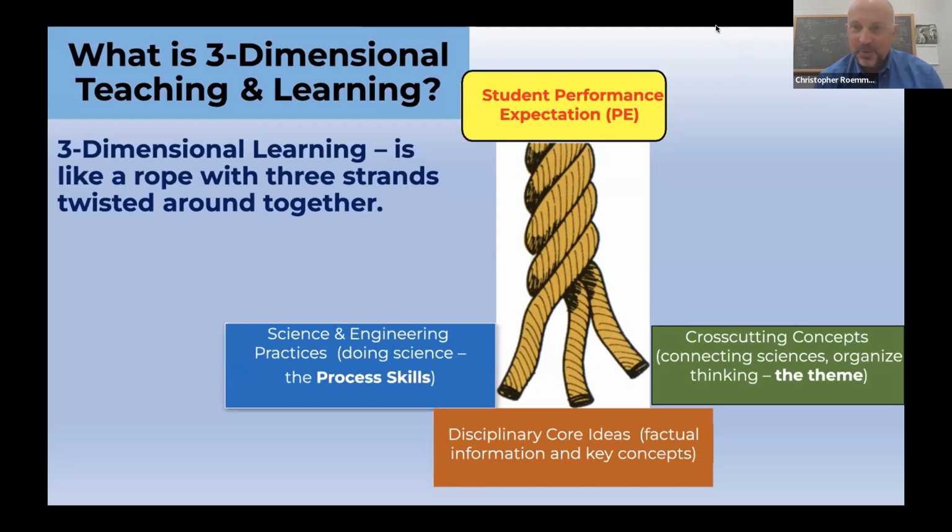That's not a curriculum, but it is what we expect our students to understand or be able to do by the end of our instruction, whether we are thinking of it as a lesson or as a unit. And that includes our 3 strands. If we think of the rope with 3 strands twisted around each other, where one of those is the DCI, the core idea, which is the factual information, the key concepts and terminology, processes that we expect our students to know. How do we get there?